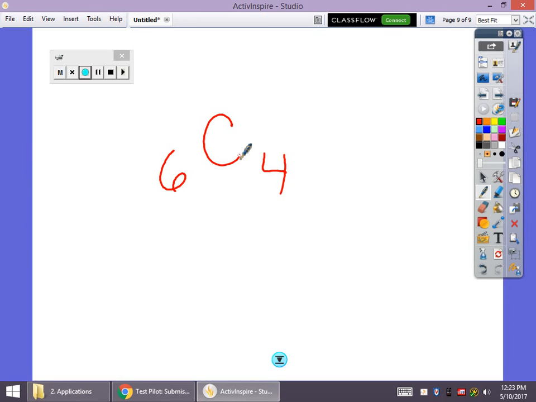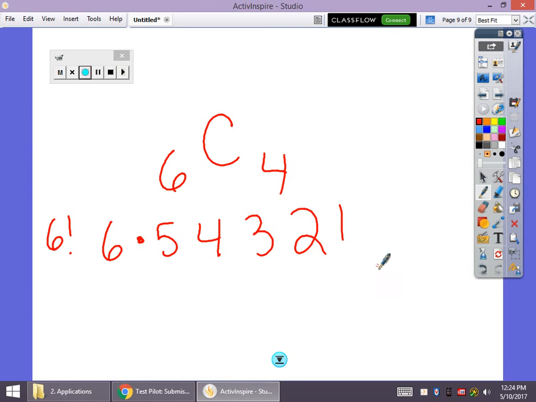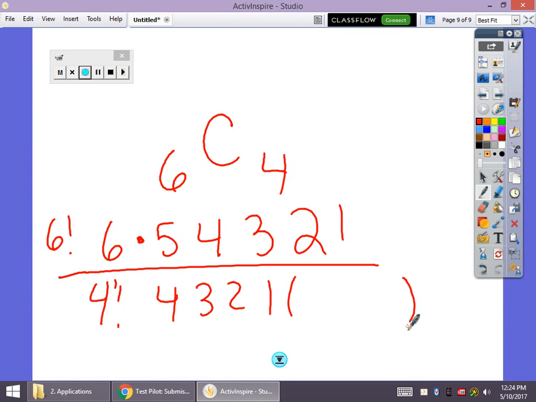Okay, so the formula for combinations, and it is in the middle of your page, is simply, we're going to do 6. Remember, I write it out and cancel out before I do the math. 6 factorial, which is 6, 5, 4, 3, 2, 1, over 4 factorial, which is 4, 3, 2, 1, and then times the 6 minus 4, which is 2, so 2 factorial, which is 2 times 1.